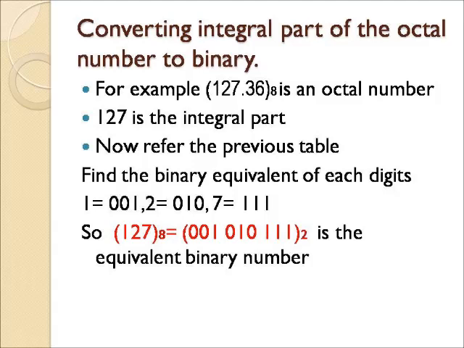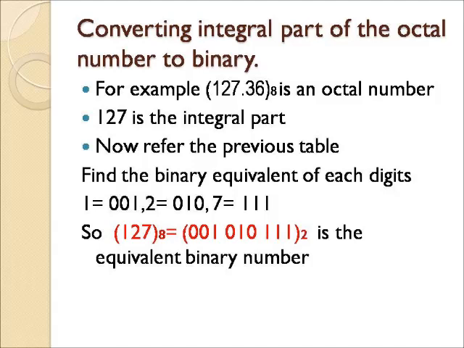As per the previous table, the digit 1 is equivalent to 001, 2 is equivalent to 010, and the digit 7 is equal to 111. So we find the binary equivalent of each digit of the octal number.